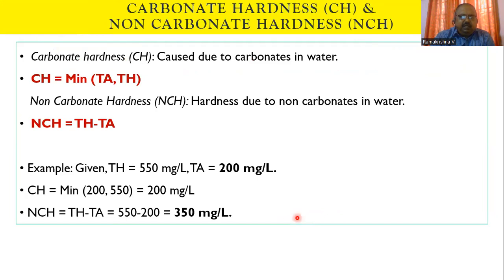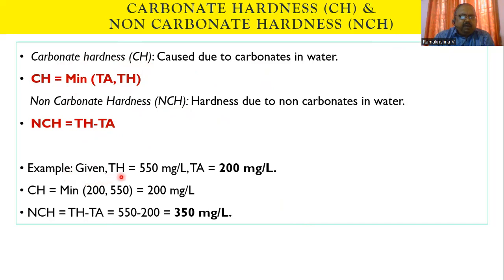In the hardness, the temporary hardness, we have bicarbonate and carbonates. So how to have a relation here? If we want to find out the carbonate hardness, we take the minimum of total alkalinity and total hardness. And non-carbonate hardness can be easily obtained by subtracting the total alkalinity from total hardness.